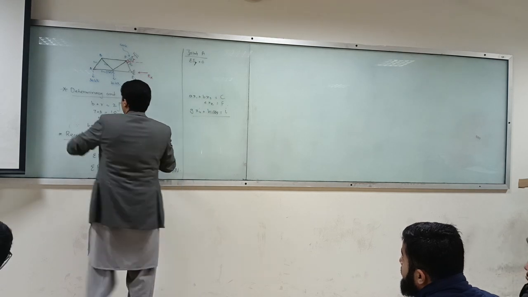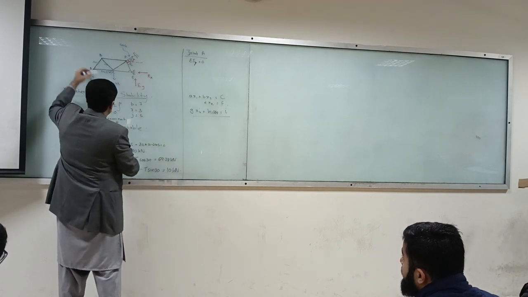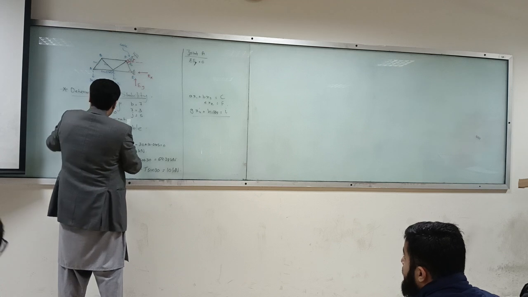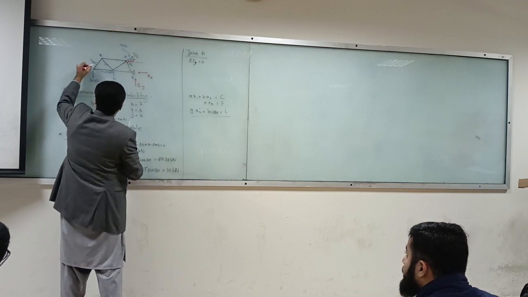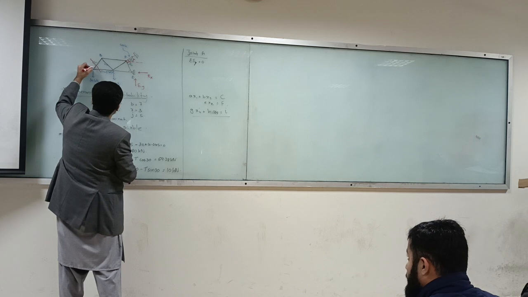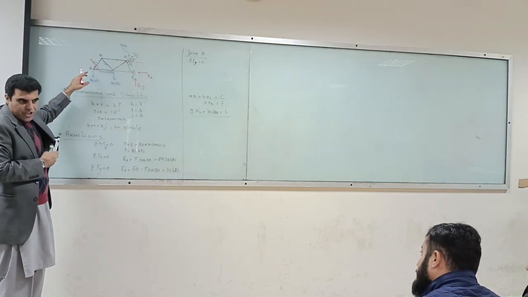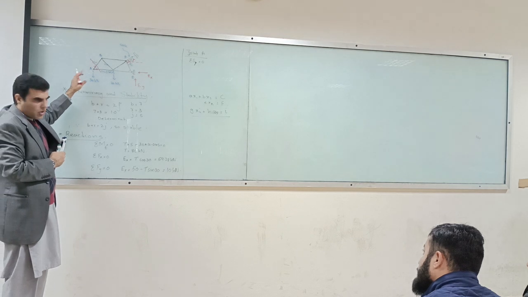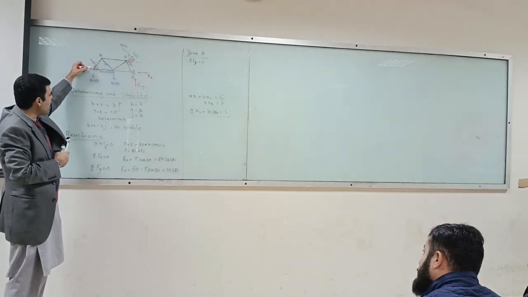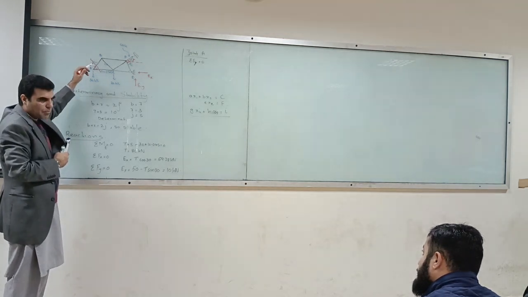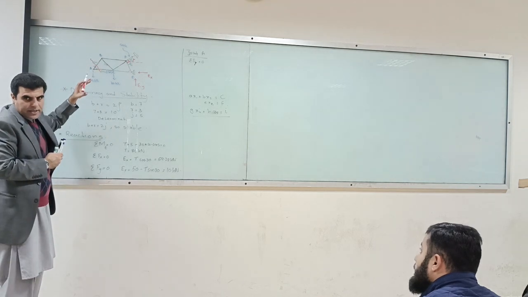We know that when we cut it, our convention is that we take tension. We cut it and have the arrows pointing away from the joint.